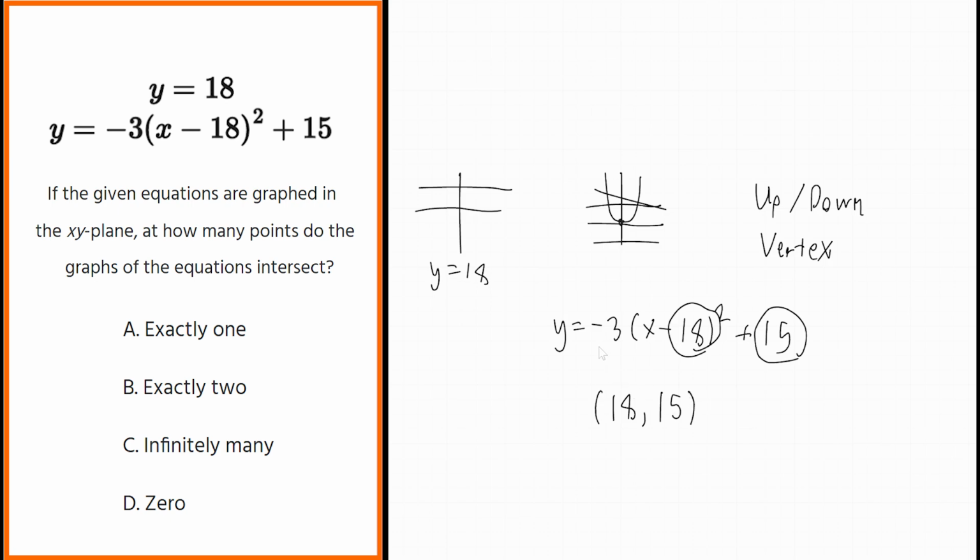And we can see from the sign of the coefficient that this is a negative parabola, in which case it means it opens downwards. So in other words, the graph of this equation is going to start at the point (18, 15), and it's going to open downwards from there.